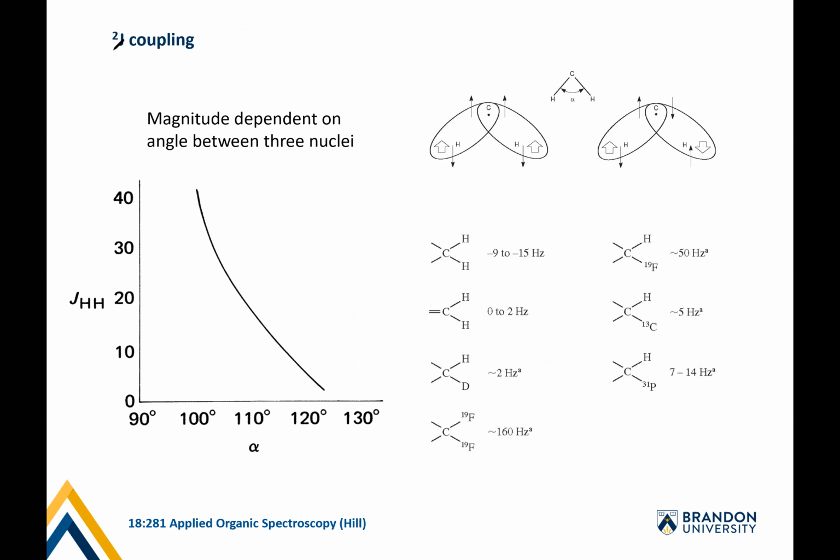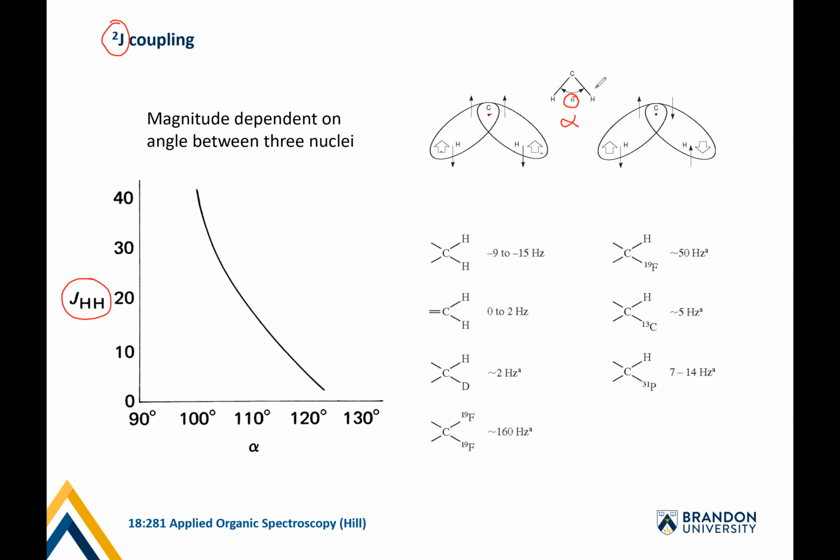Okay, so J2 coupling. The magnitude of a geminal coupling between, say, carbon with two protons, is really dependent upon the bond angle, they call it the alpha angle, between these nuclei.